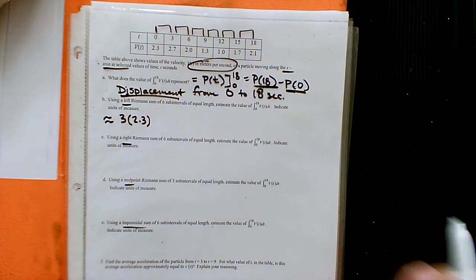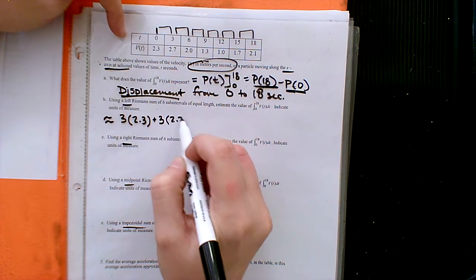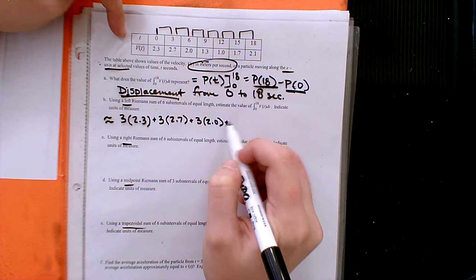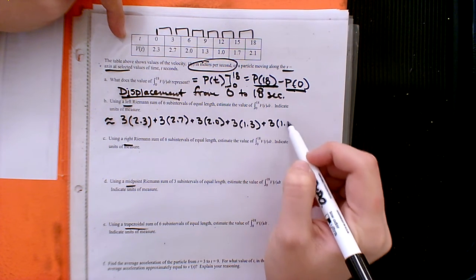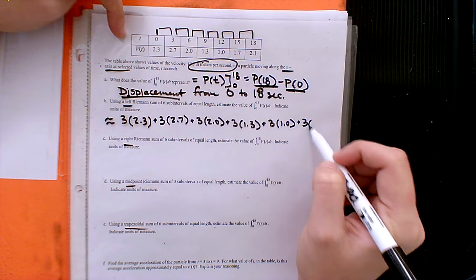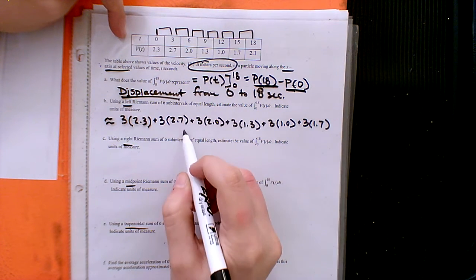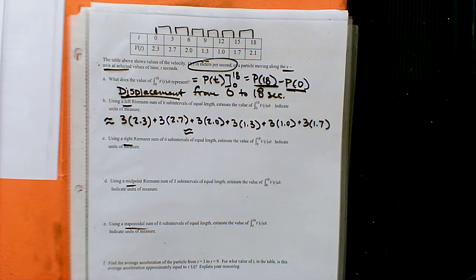Good. We want the left-hand side. We're just going to repeat the process all the way through. Looks good. All right, so 6 areas that we have to add together. Go ahead and take the time to type it in to get our estimation.